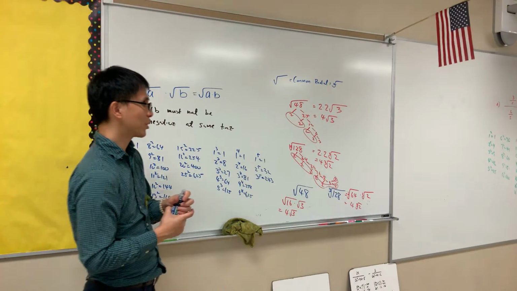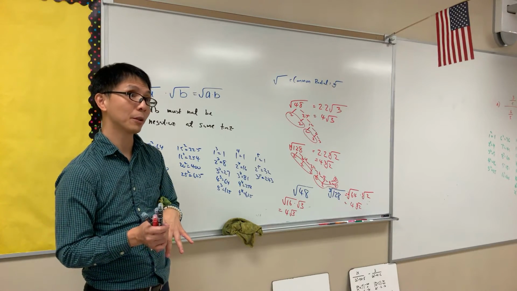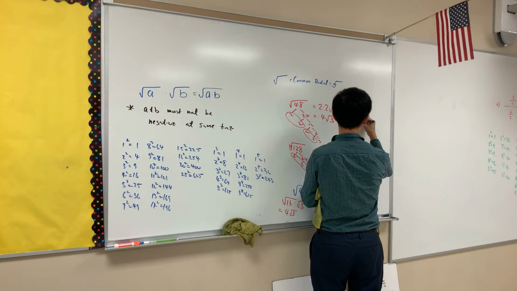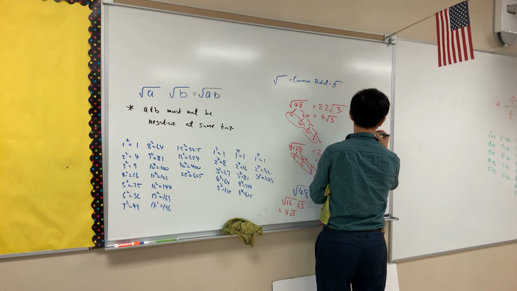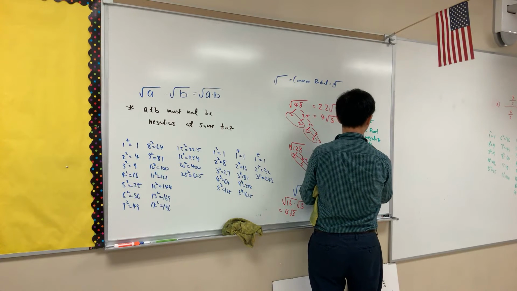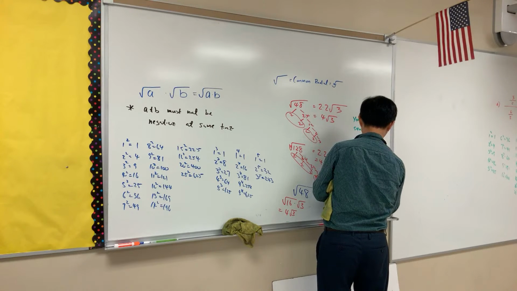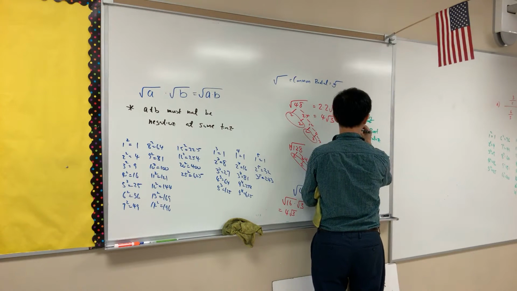You can cube root a negative number, but you cannot square root a negative number. That's something that you need to know for sure. I don't say square root, sorry, let me say even roots.